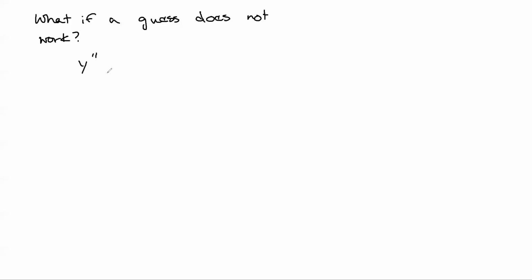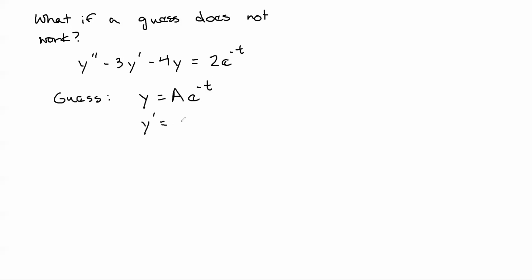If we have y double prime minus 3y prime minus 4y equals 2e to the negative t, you start off innocently enough, like, oh, piece of cake, I know how to do these. I'll do y equals a e to the negative t. Then y prime will be negative a e to the negative t. Then y double prime will be a e to the negative t again.